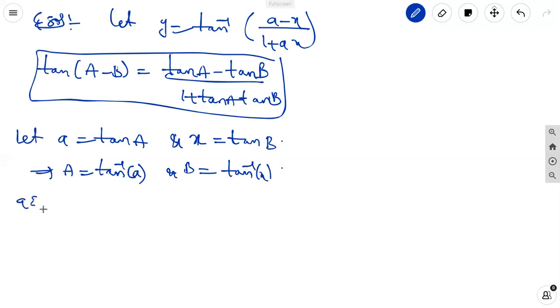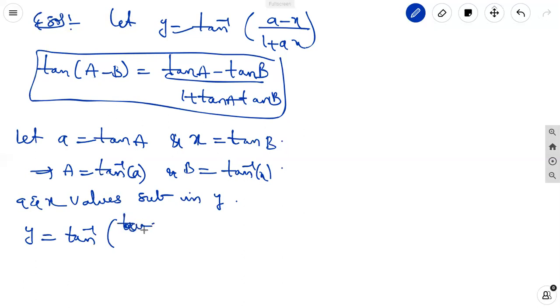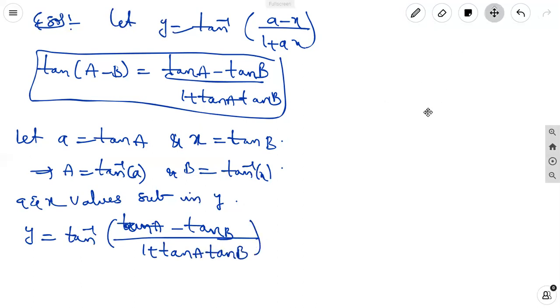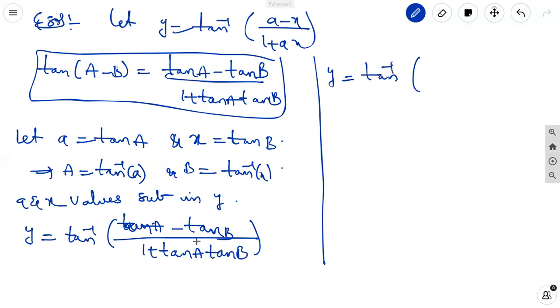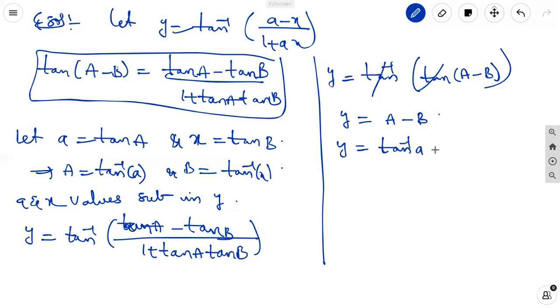Now substituting the a and x values in the y function, y equal to tan inverse of tan A minus tan B by 1 plus tan A tan B. It reduces to the formula tan of A minus B. Tan inverse gets cancelled, so y equal to A minus B. So y equal to A, which is tan inverse a, minus B, which is tan inverse x.